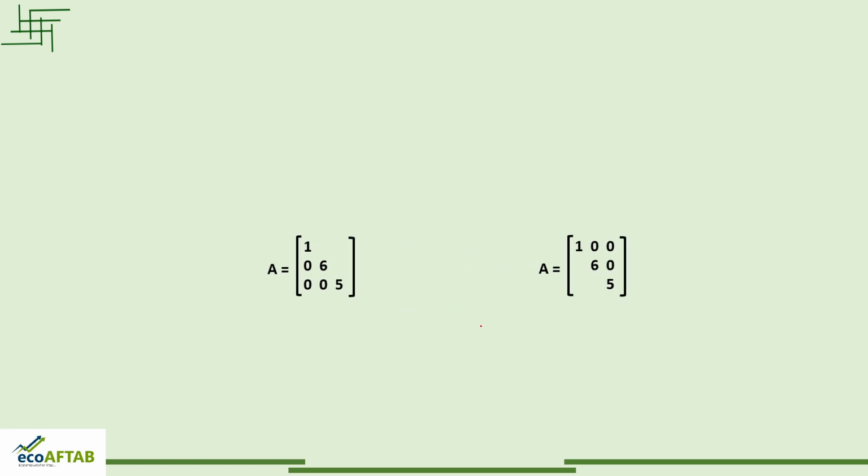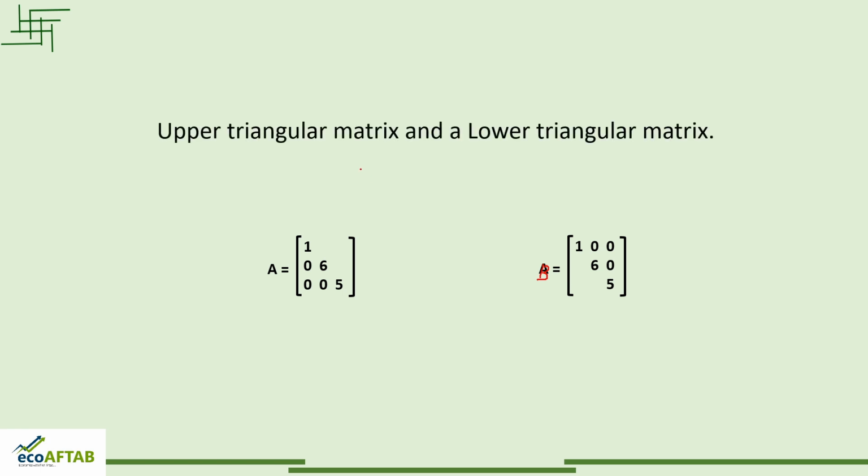Here you can see A has diagonally 1, 6, 5 and below it we are having all the elements 0, and in the next matrix, let us say I will name it B, the diagonal is 1, 6, 5 but all the elements above are 0. If this happens, we call it an upper triangular matrix. This is an upper triangular matrix and this is a lower triangular matrix.